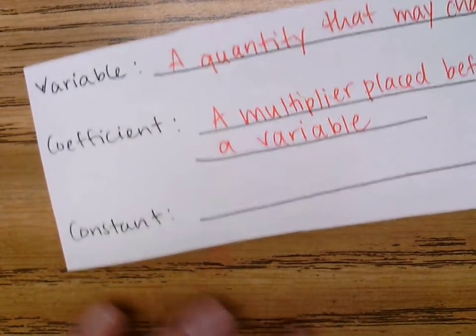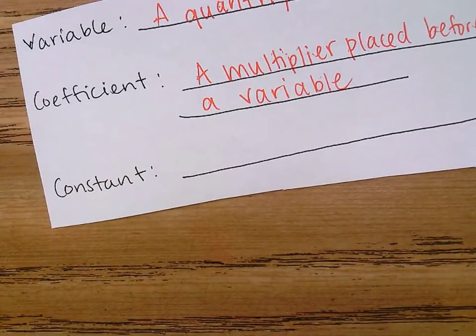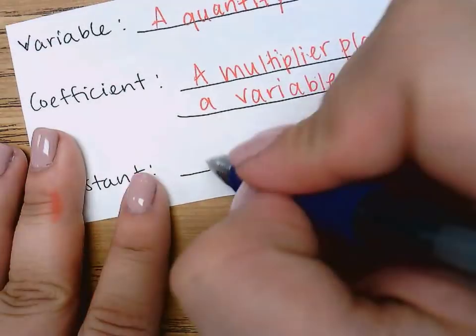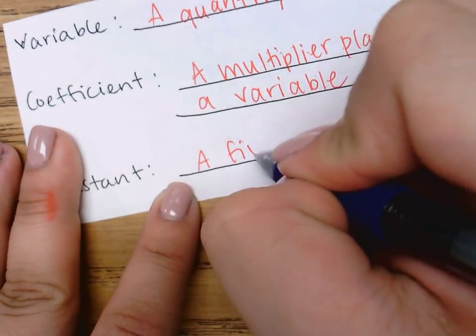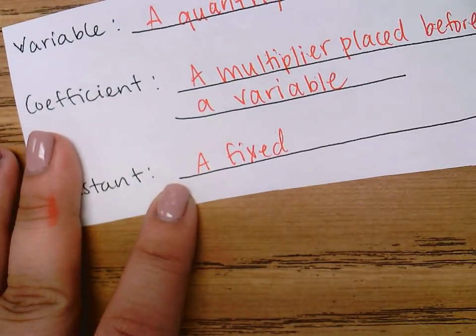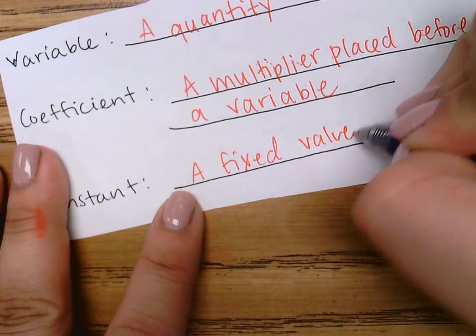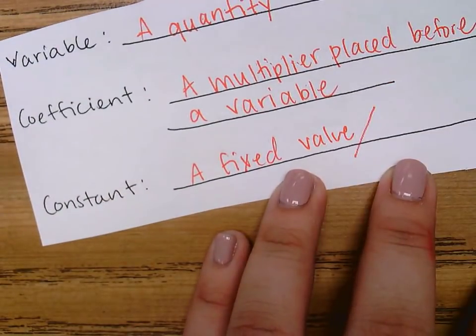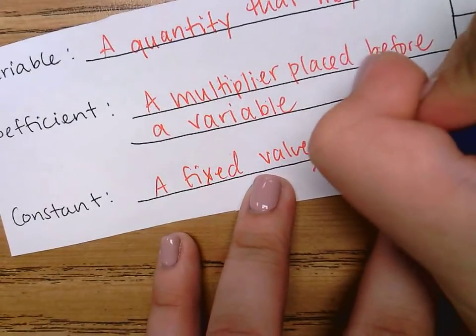And my constant is just kind of like how the word says, it stays the same, nothing changes about it. It's a fixed value, the number is on its own.